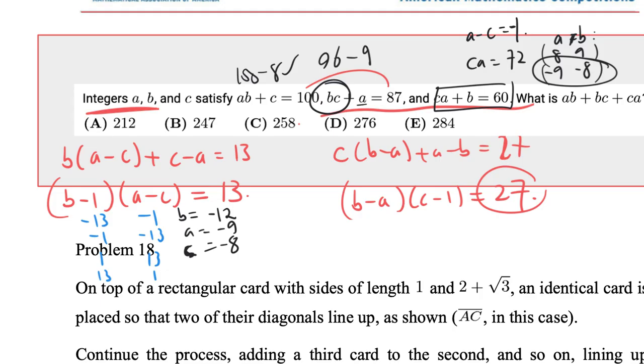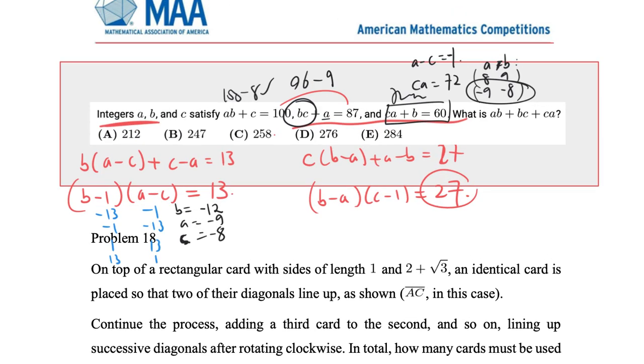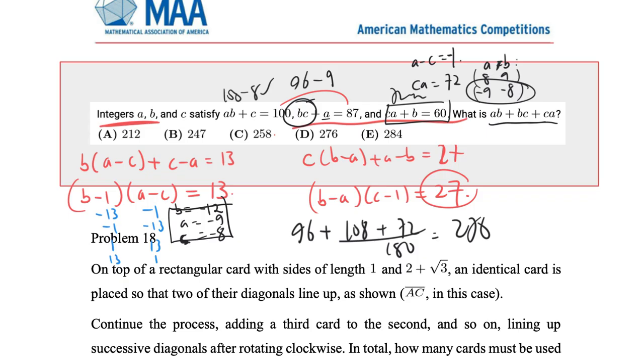Nice. And AC is 72 minus 12. Because it doesn't say that there are multiple or it asks us to minimize something, this is a solution, and therefore we can just find this right over here. So the answer is 96 plus 108 plus 72, and that this is 180, so this is 276.